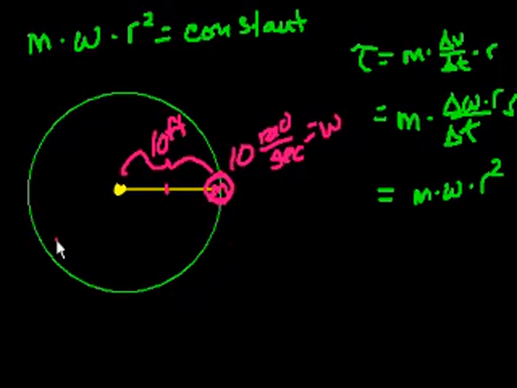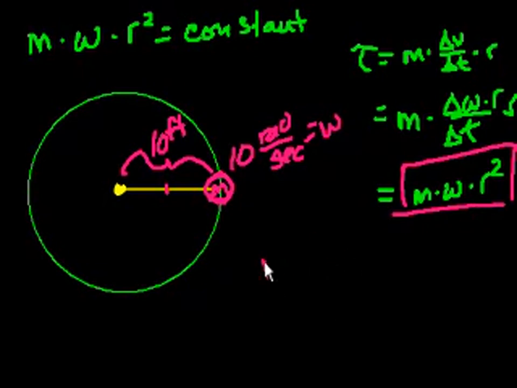So let's say this is an object that's spinning on an ice skating rink, I guess is a good way, because you don't want friction and all of that. So what's its current angular momentum? So that's what this term right here is, angular momentum.